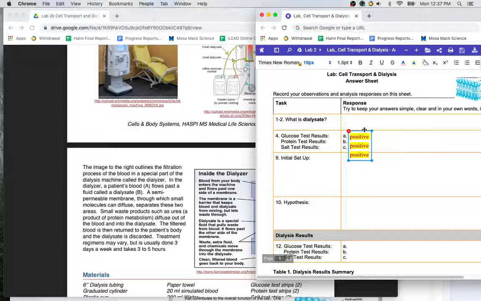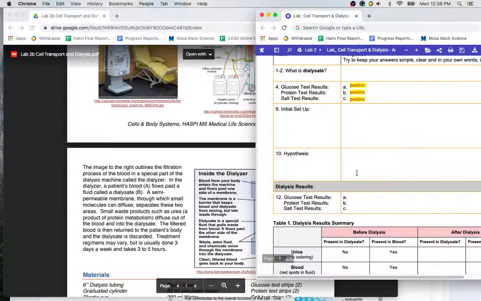So it has all three: glucose, protein, and salt. You don't have to have yours red with yellow highlight, but that might help you see it better.